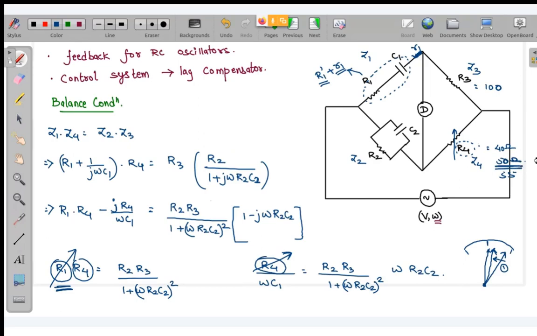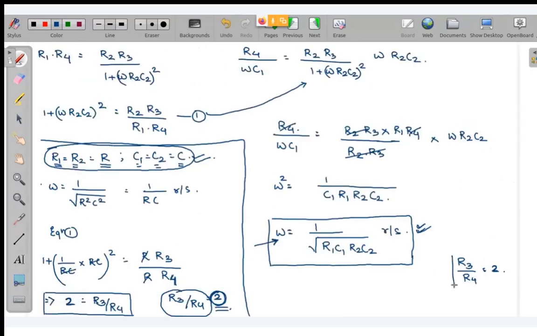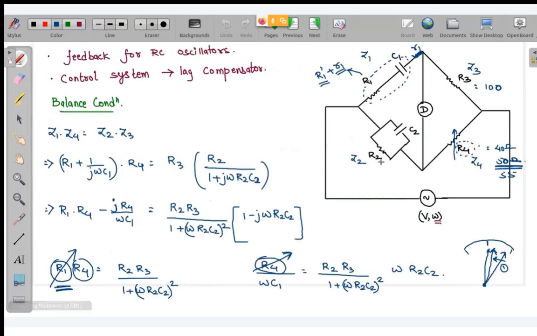Why? Because I saw one very interesting thing, that whenever the ratio of R3 by R4 is equal to twice, at that time the value of R1 and R2 is equal to R. Now why will this help? Because this R2 is known to me, so I need to manipulate this R1 to this value.